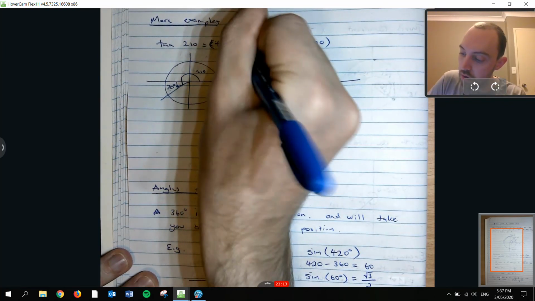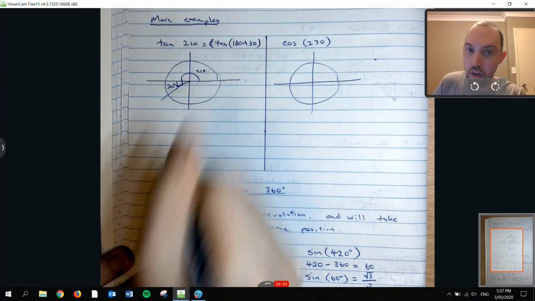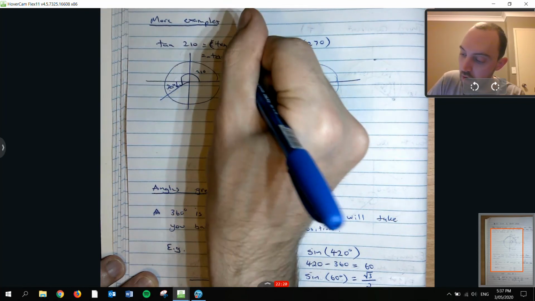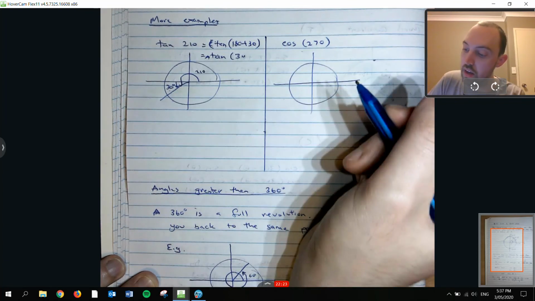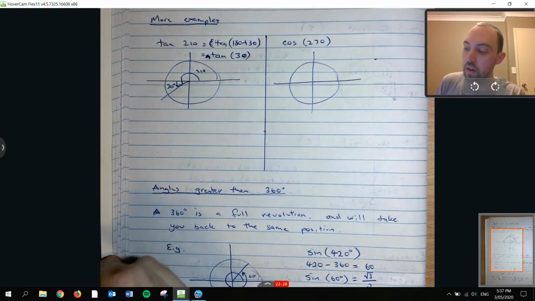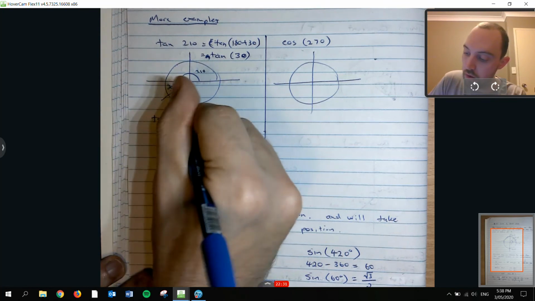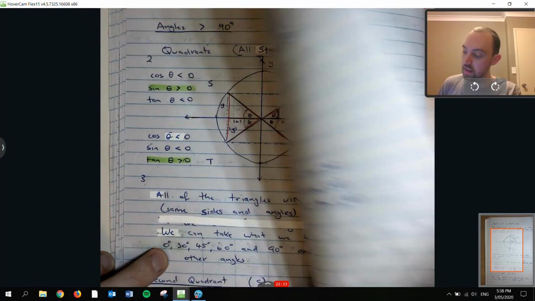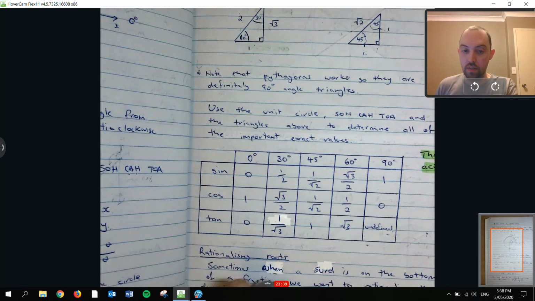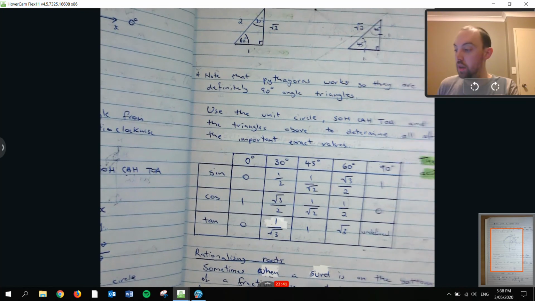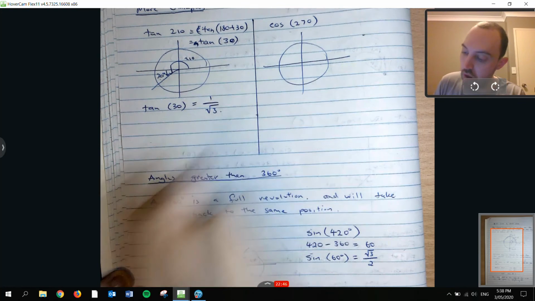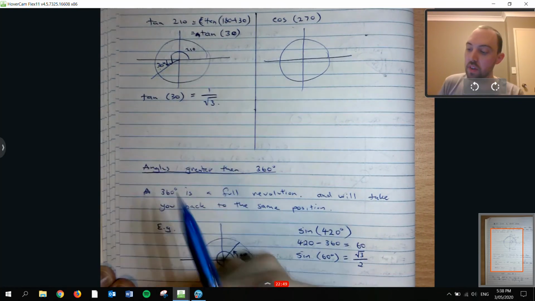Tan of 180 plus 30 is, not negative, tan is positive in the third quadrant, so it's just tan of 30. I'm going to have to go back to my table to remember what this is. Tan of 30 is 1 on root 3, positive because it is in the third quadrant.